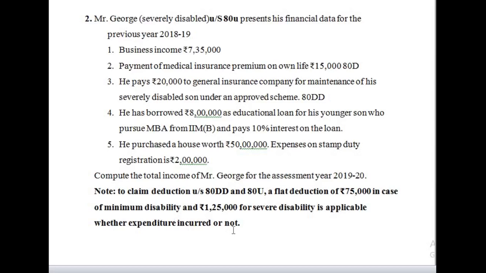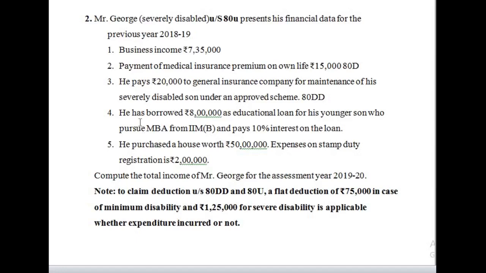Whether the assessee spent or not, if his dependents or himself are certified as suffering from disabilities, they can claim a fixed deduction of rupees 75,000 or 1,25,000. In this case, the assessee can claim deductions under section 80DD of rupees 1,25,000, not 20,000.